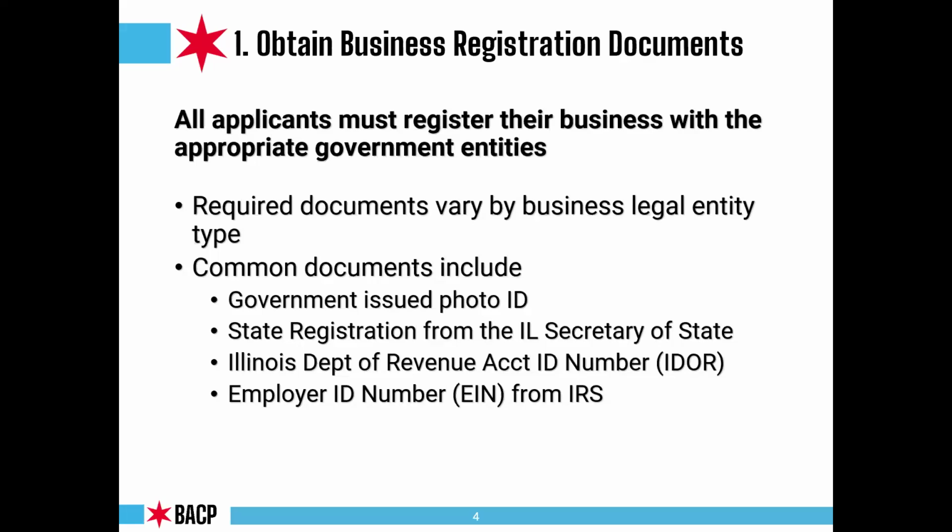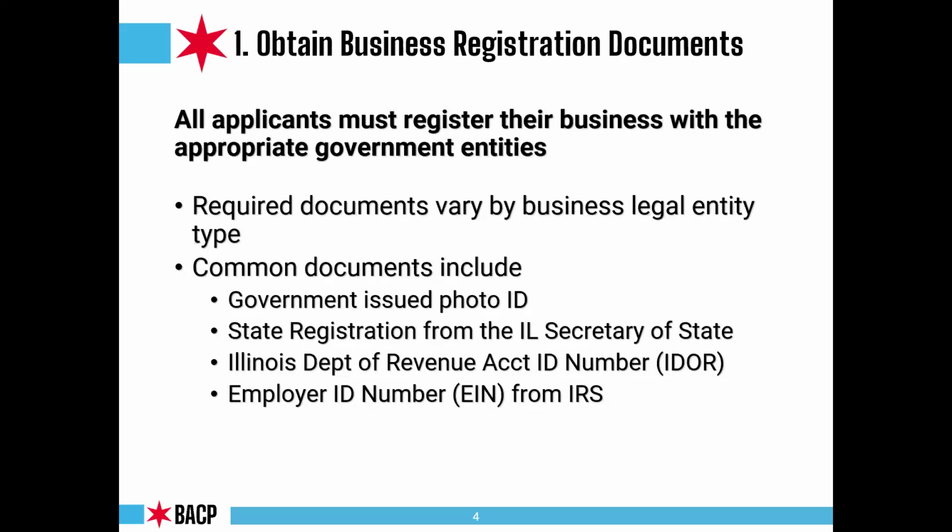So, for example, if you're looking to apply as an LLC, you will need to provide your articles of organization. Or if you're looking to apply as a corporation, you will need to provide articles of incorporation. Choosing to apply as a legal entity will more than likely call for you to obtain an EIN number with the IRS.